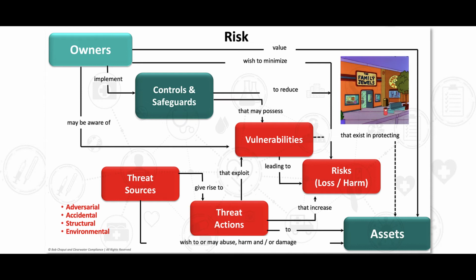This is the risk landscape. Notice all the various ingredients in risk, one of which is controls and safeguards. We're going to cover more in the next episode, but in the meantime, have this image in your mind as we think about the risk landscape. It's not just a matter of identifying threats that are out there. It's not just a matter of identifying vulnerabilities that may exist in your environment.